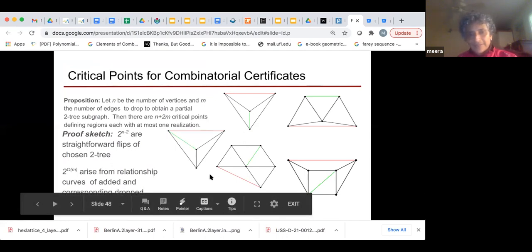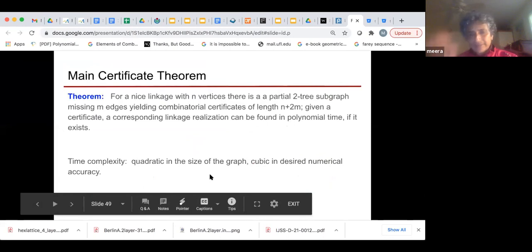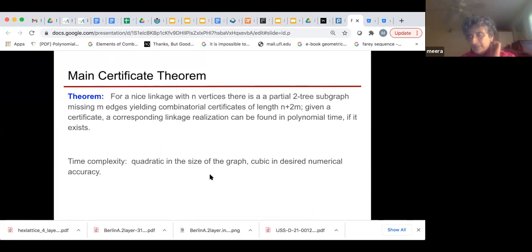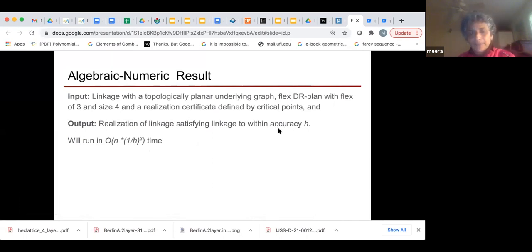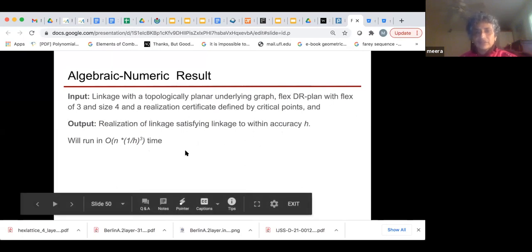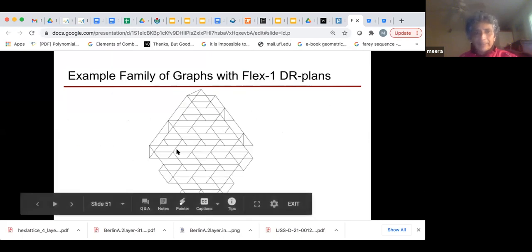It's not as simple as this. It has all kinds of critical points and can make things very difficult. But nevertheless, we can essentially show that with whatever accuracy you care about in specifying the critical points and solving for the solution, you can do it in a reasonable amount of time.